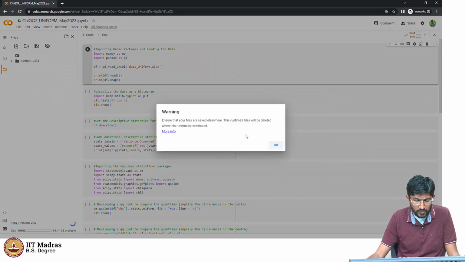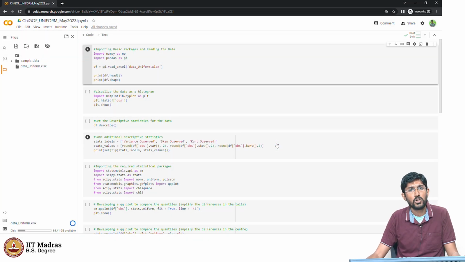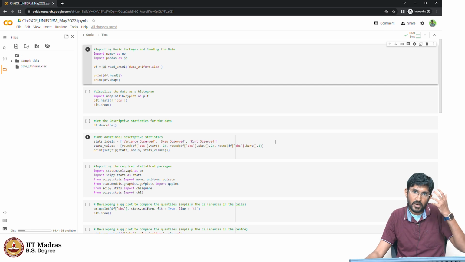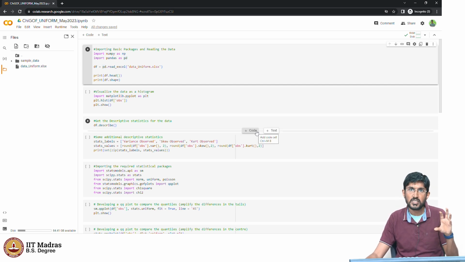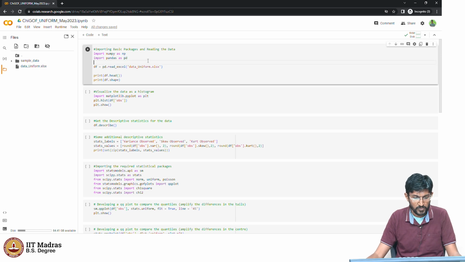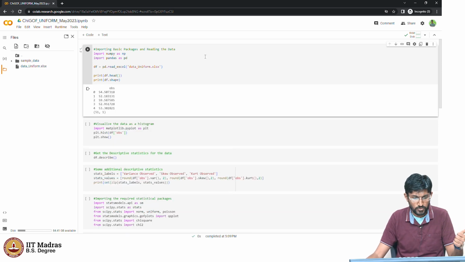As the name implies, we are demonstrating this tutorial for a parent distribution that is, let's say, following a uniform distribution, and we have a sample from that parent distribution, which is data underscore uniform. I have loaded the data into my Colab environment, and I am importing the two basic packages, NumPy and Pandas, and then loading my data set into the variable known as df, and this df has 51 observations and 1 column.